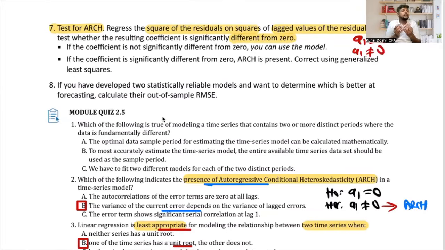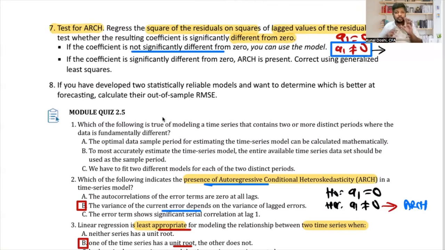So what did we want, guys? When they are not significantly different from 0, then you can use the model. When A1 is equal to 0, guys, what do I conclude? Is there an ARCH or not? If A1 is equal to 0, that means no ARCH. Am I correct?